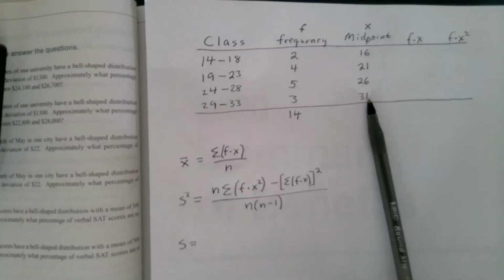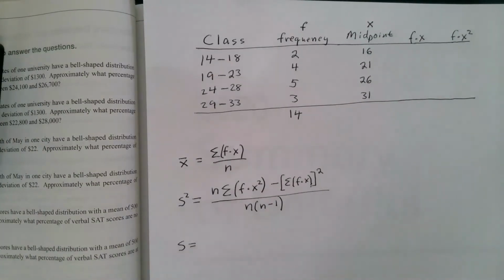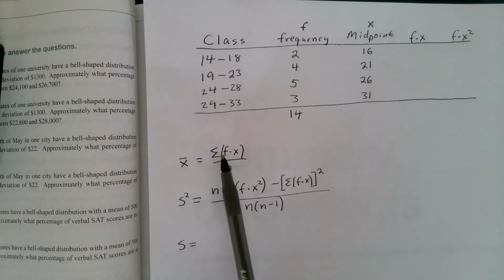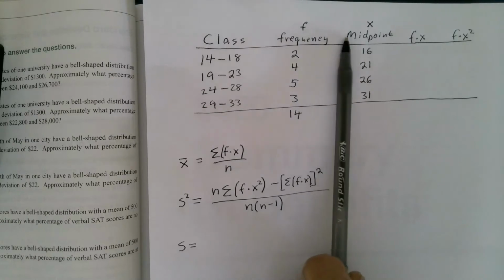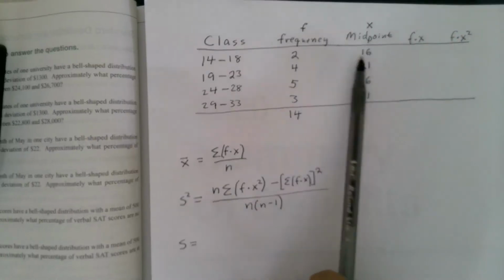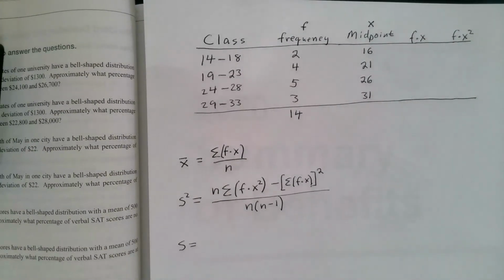So I added those. Then to calculate the mean, what we want to do is sum the product of each frequency times the midpoint. So F is the frequency, X is the midpoint. So we multiply across. I'll do that right now.